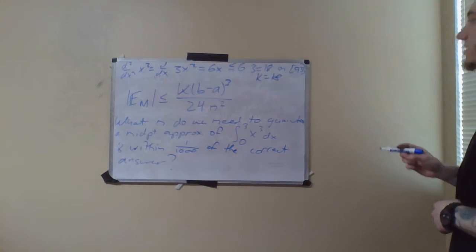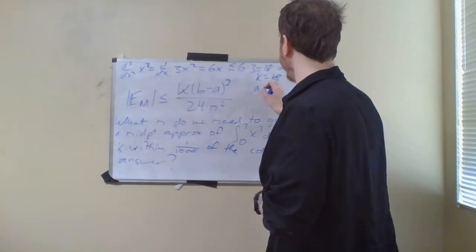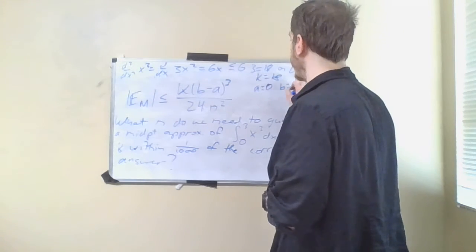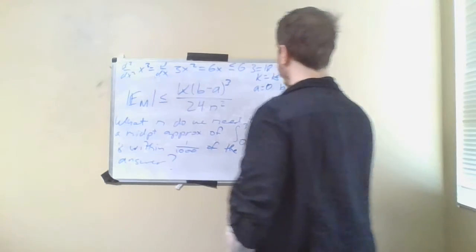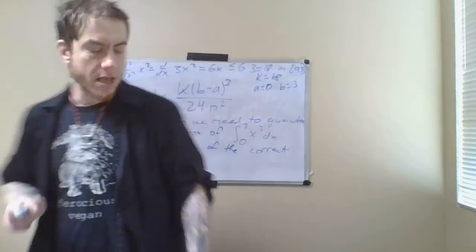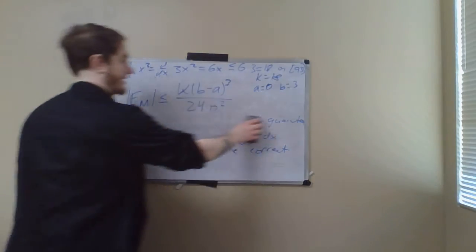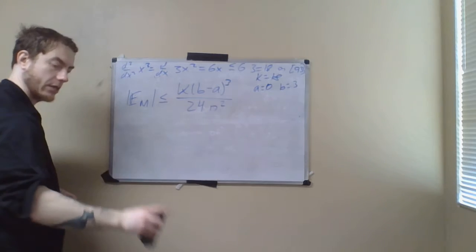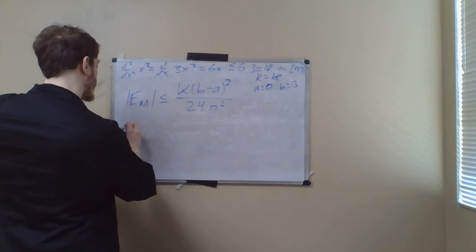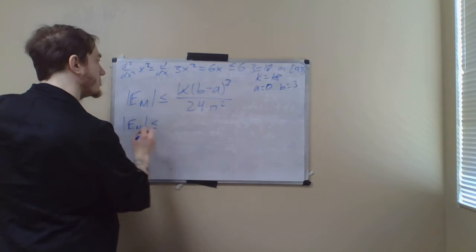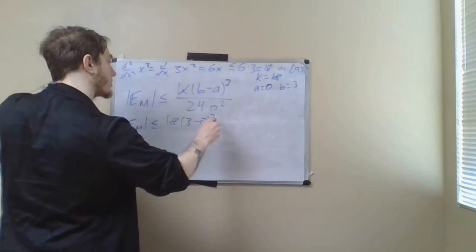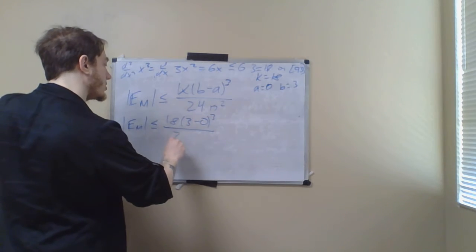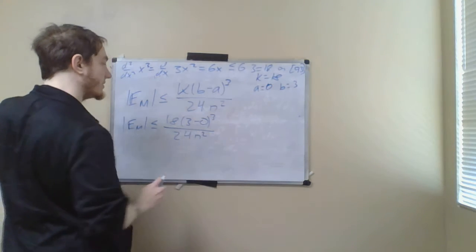Then, in this case, my a is equal to 0 and my b is equal to 3. I'm going to leave this formula up because I need to use it. Our error is going to be less than or equal to 18 times (3 minus 0) cubed divided by 24n squared.